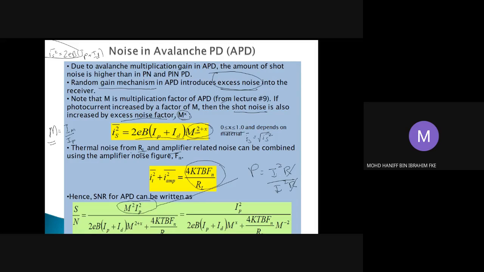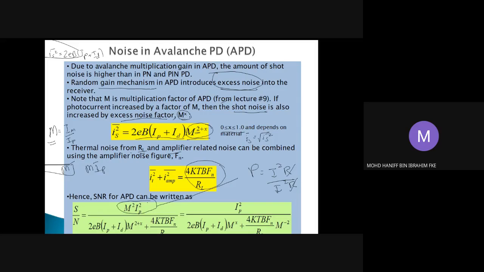So for the signal power, due to the effect of M, the multiplication factor, we have M squared IP squared, because from this equation, the current at the output of the photodetector shall be M times IP.